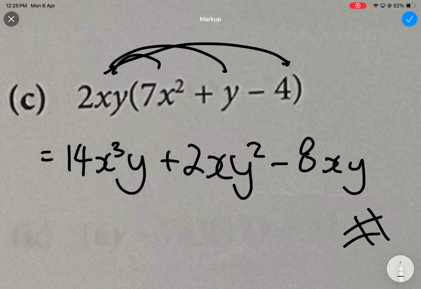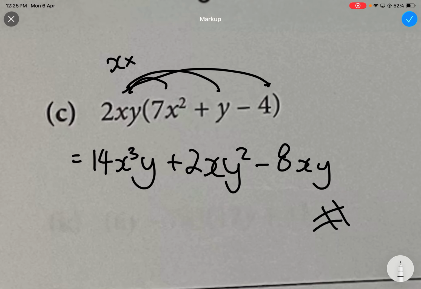14x y3. The x is multiplied by x squared, that's why we get x to the power of 3. My y never multiplies any more y, so my y is just y. Your 3 must be with the x, because your 3 is describing x times x times x.